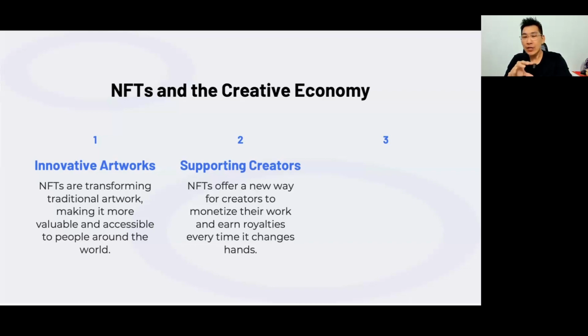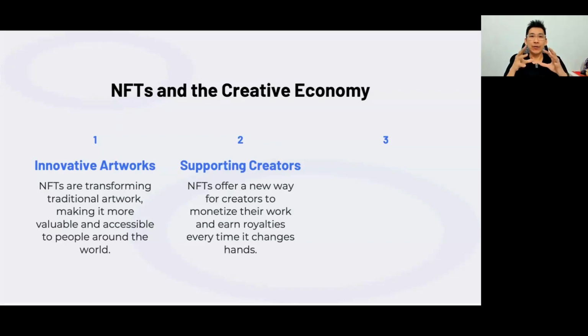Now, the definition of creators here is not the same as the artists in the first example. Creators could be a musician who creates music, a lecturer, a coach, an author, a writer, a curator. You create content. So let's take musician as the first example.